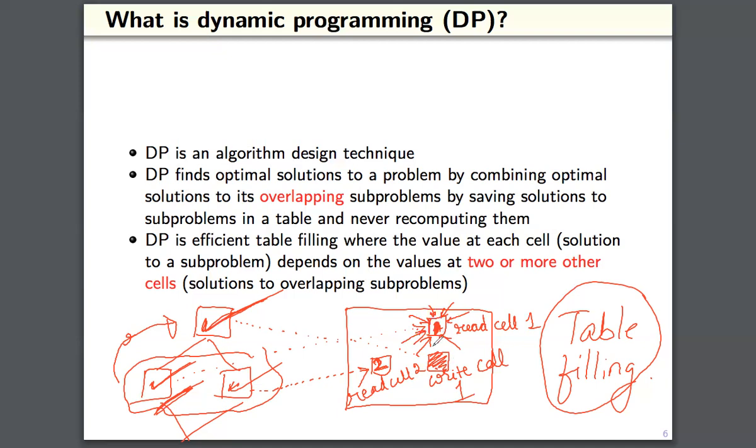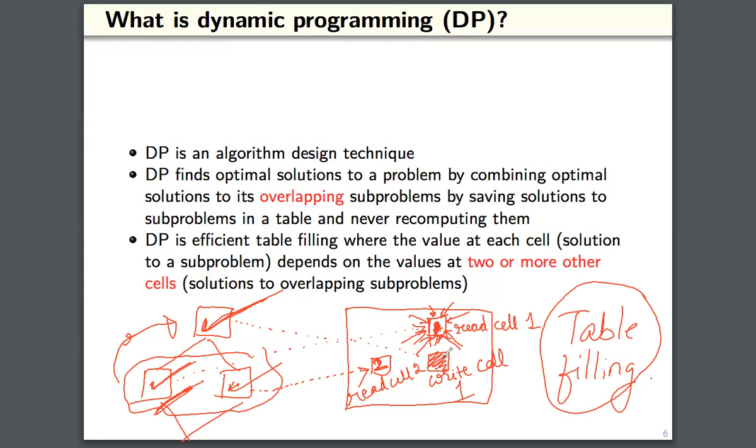But reading from a completely filled cell, unlimited number of times, right? There is no limit. Depending on the problem, you can touch a cell log n number of times or n squared number of times, whatever it can be. It is problem dependent. You can read from a cell multiple times, but you write to a cell only once.